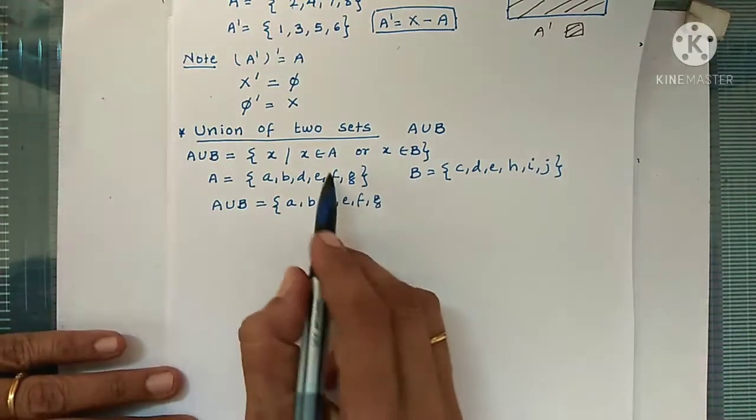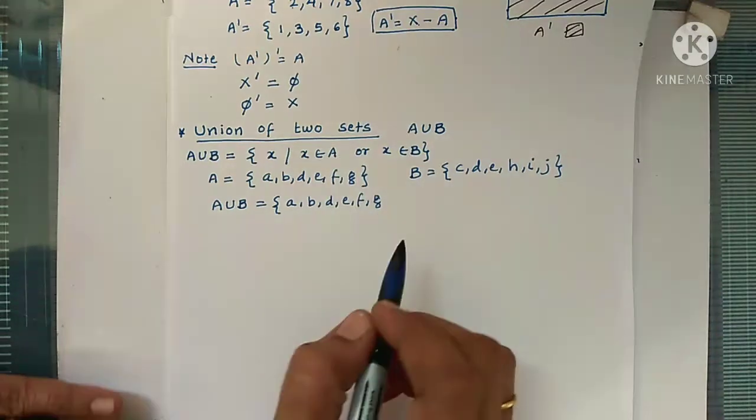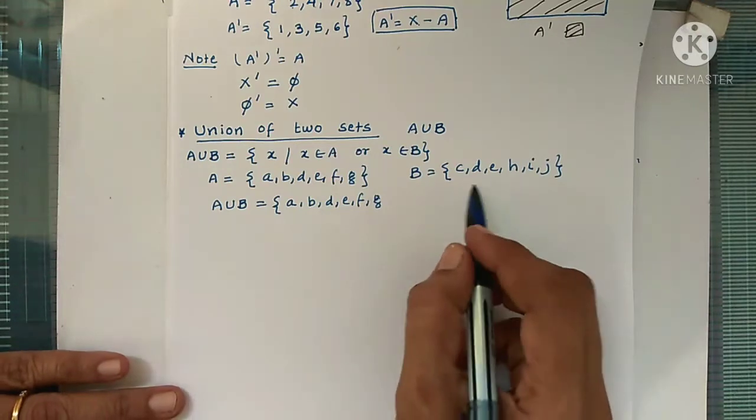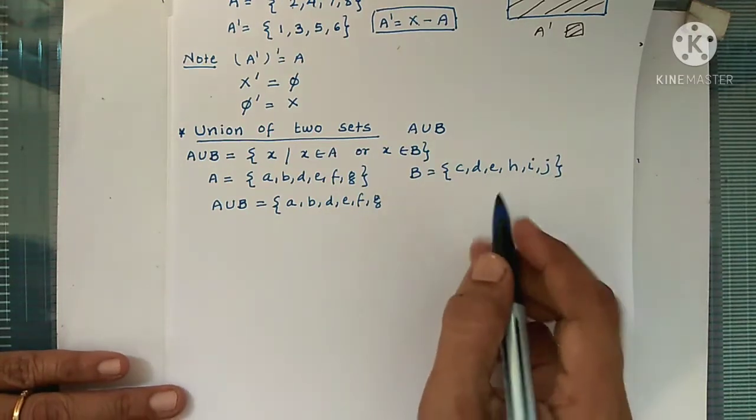These elements satisfy the first condition, x belongs to A. Now we have to write the elements of B: c, d, e, h, i, z.